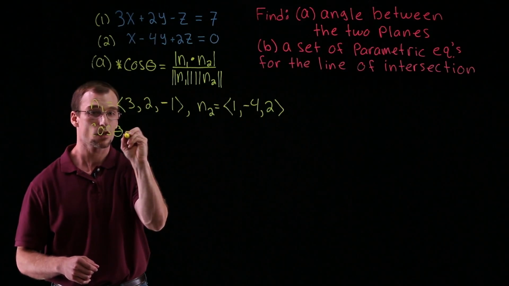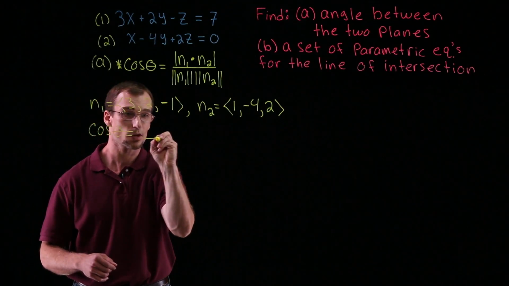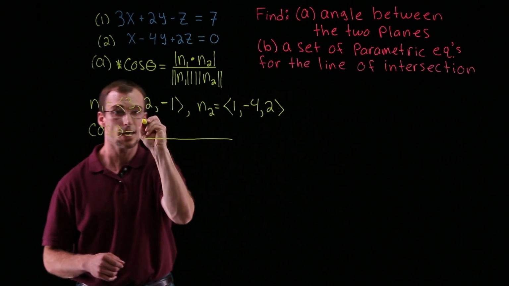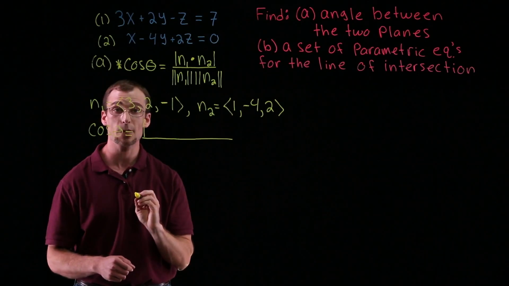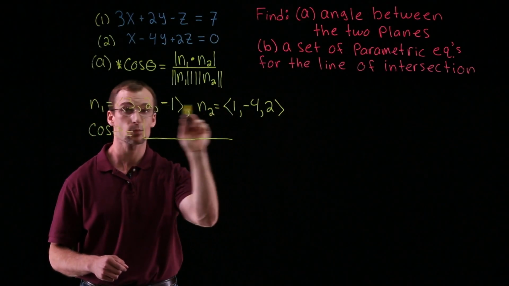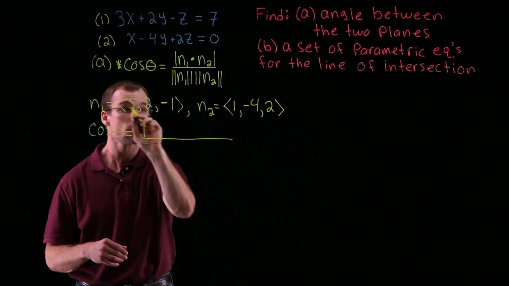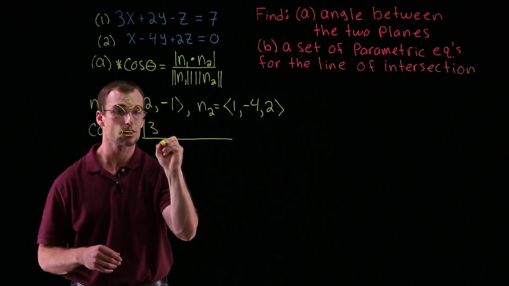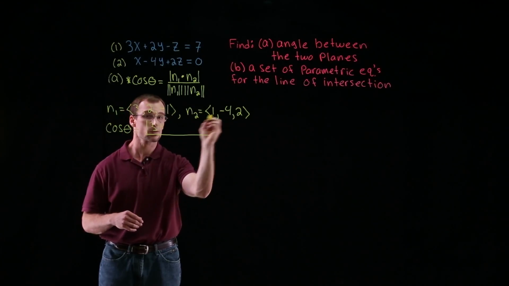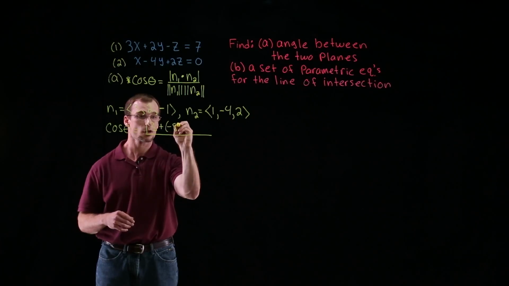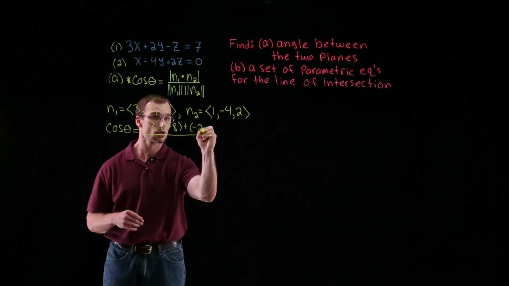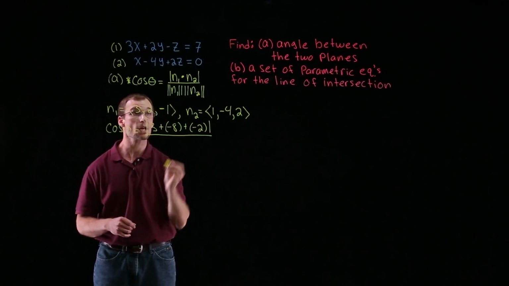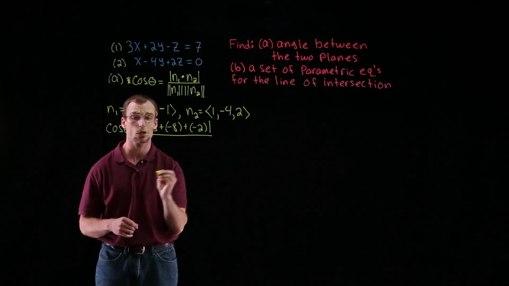All right, using these, we'll find the cosine of our angle theta, and then after that, find theta itself. So we have cosine is equal to the absolute value of the dot product between n1 and n2. With our dot product, we take component-wise multiplication and add everything together. So 3 times 1 gives us 3, plus 2 times -4, -8, plus -1 times 2, -2, and then divided by the magnitude of both n1 and n2.